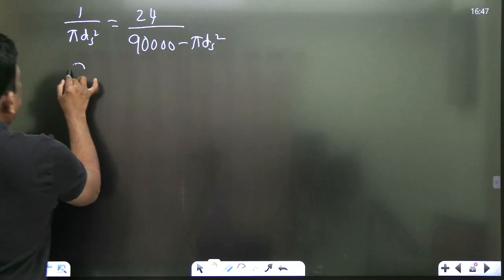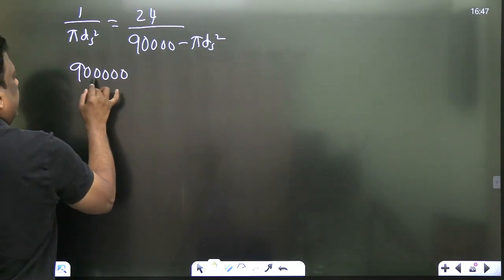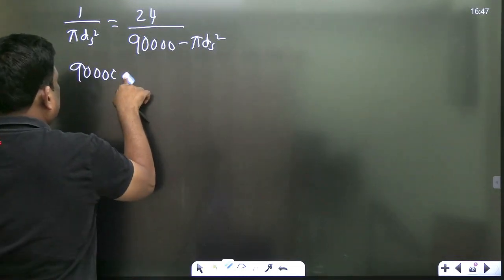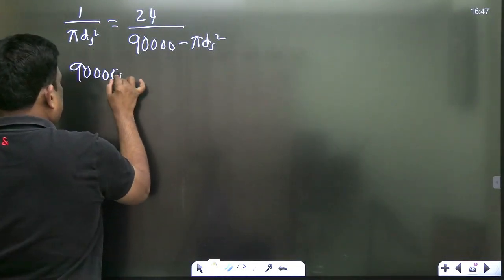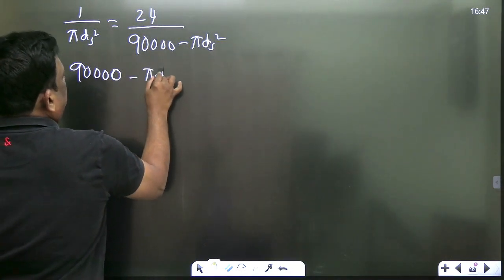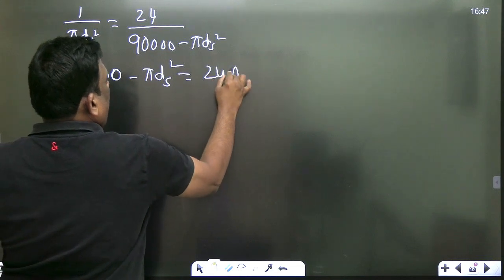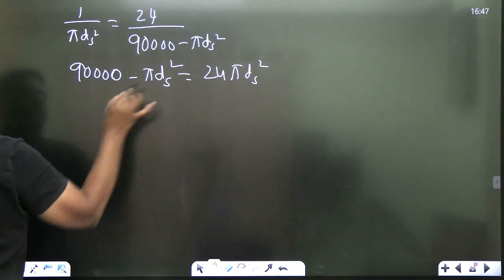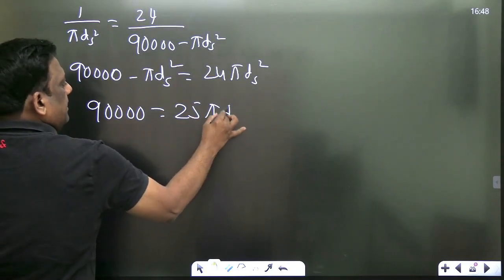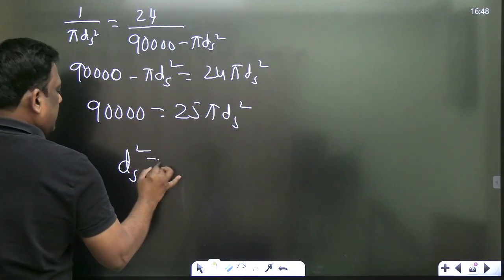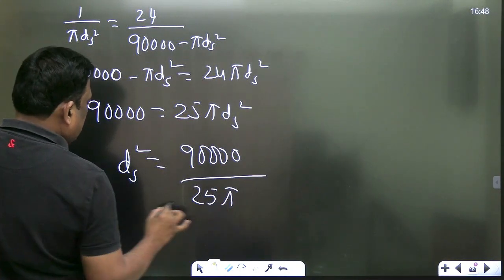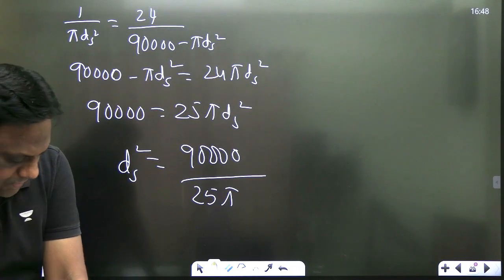So 90,000, which is 9 with 4 zeros, minus pi ds square is equal to 24 pi ds square. Taking it to that side, 90,000 is equal to 25 pi ds square. So ds square is equal to 90,000 by 25 pi.